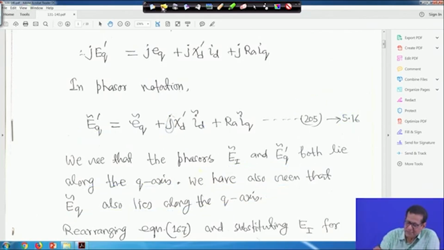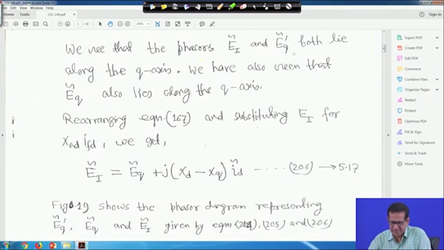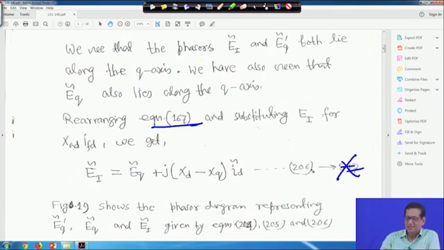So, what you can do is rearrange equation 167 and substitute E_I for x_ad I_fd. It is difficult to go back to those equations again and again, but when you are listening to this lecture, the notes will also be available, right.